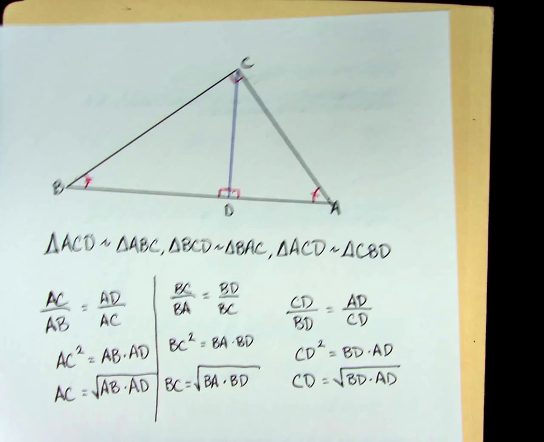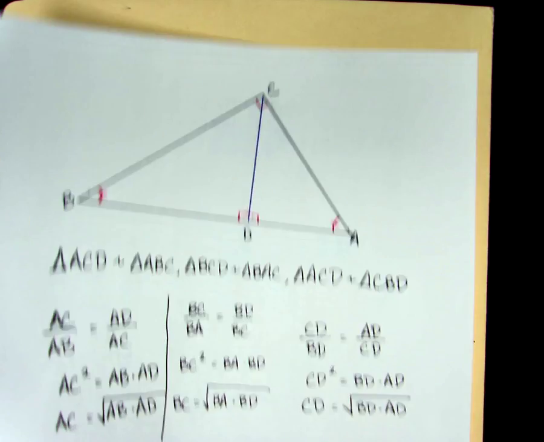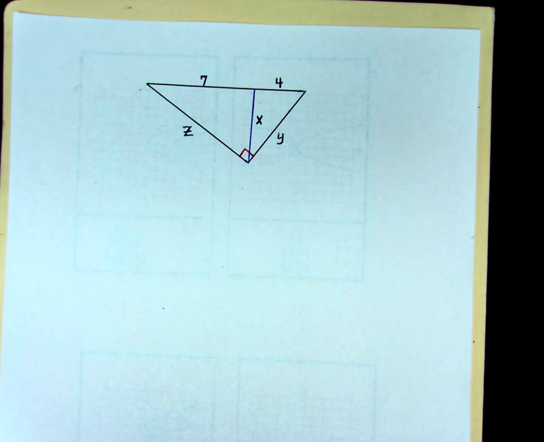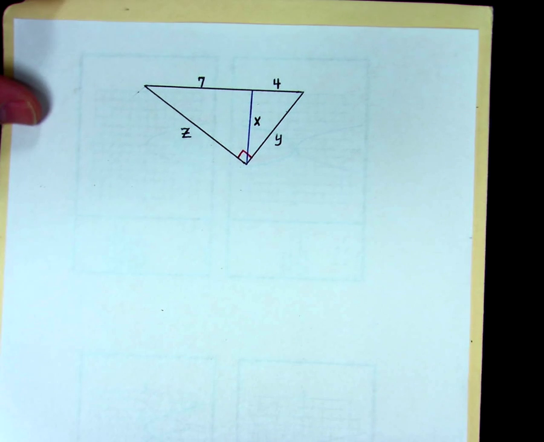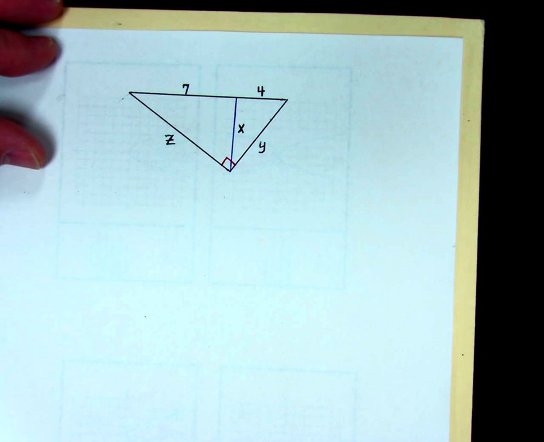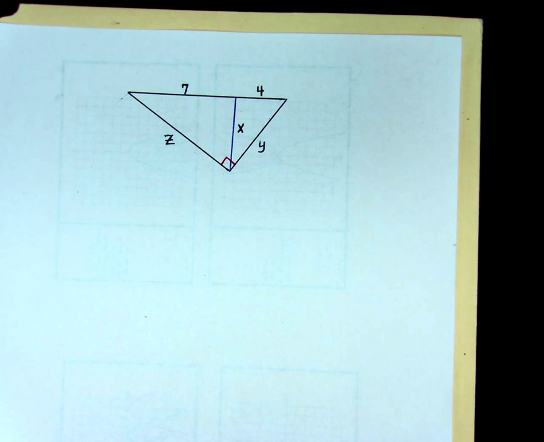So, let's look at another theorem, or an application of that theorem. That would be what we would see in Theorem 8-2, which is the leg geometric mean theorem. Now, let's suppose that I have a triangle labeled like this.